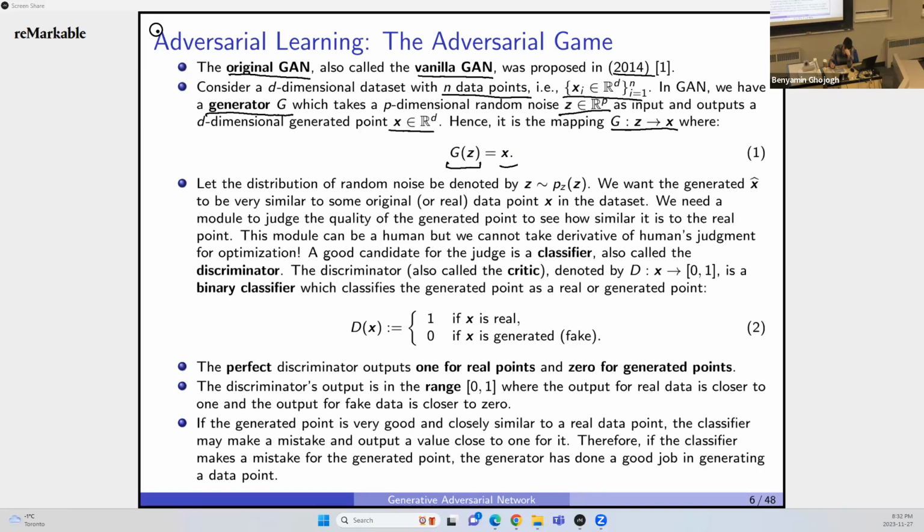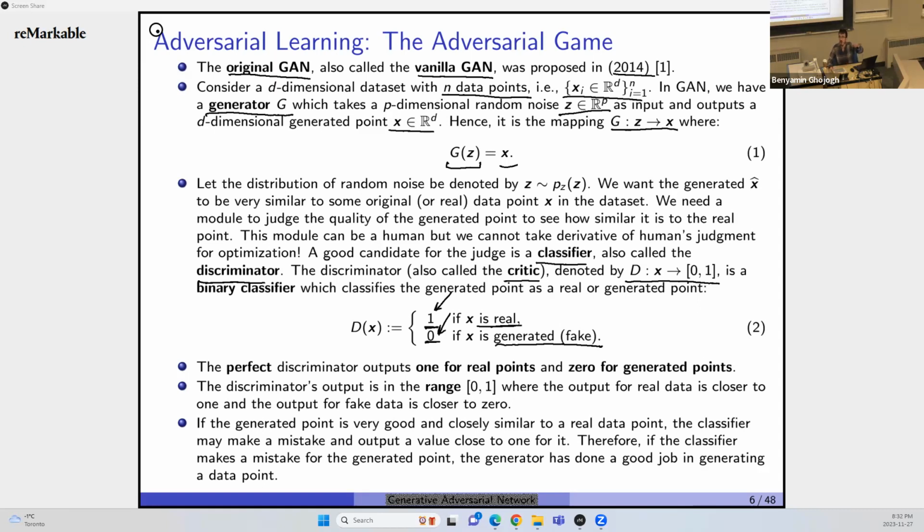Now, I want to have a classifier or discriminator, also called critic, which gets X as input, but outputs a score between 0 and 1, saying whether it's real or not. If it's real, it says 1. If it is fake, it says 0. For training D, of course, I know what is real and what is fake, so I should use this 1 and 0.